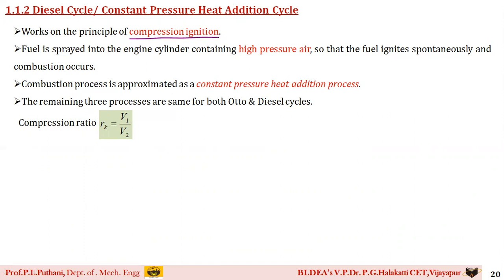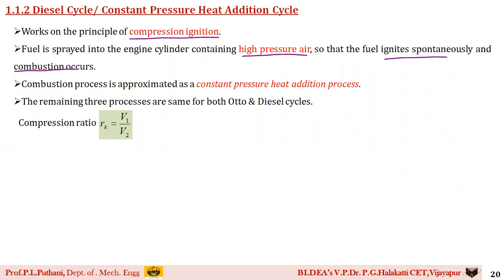So when the fuel droplets are sprayed inside the engine cylinder, the heat addition takes place at a constant pressure process, and here there is high pressure air, so that the fuel ignites spontaneously and the combustion process begins.